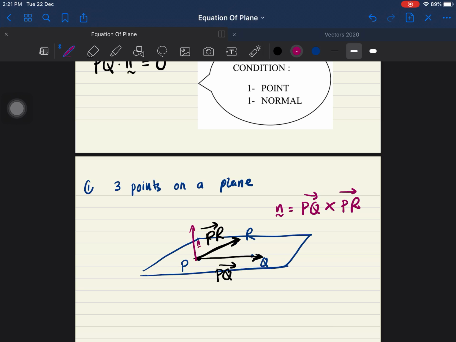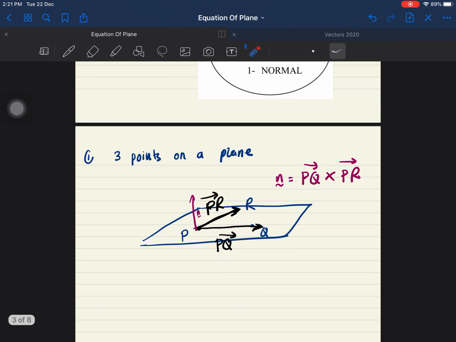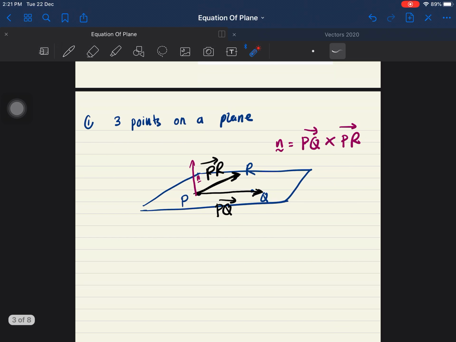Cuma nanti you akan dapat negative sign, positive negative tu tak sama lah kan. But it's okay. Okay, it is acceptable. Okay, tapi kalau soalan tu dah tetapkan you need to find PQ cross PR, then you need to follow what question asks you to. Okay, so this is the first case.